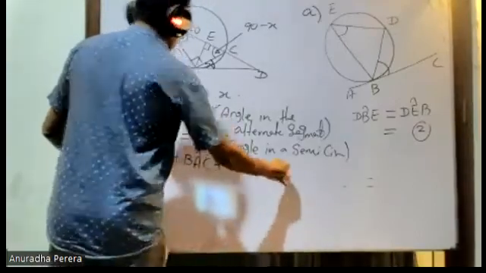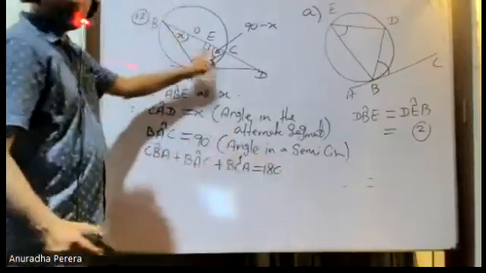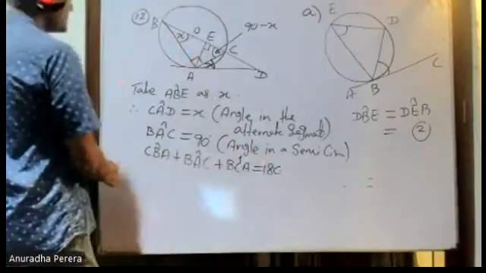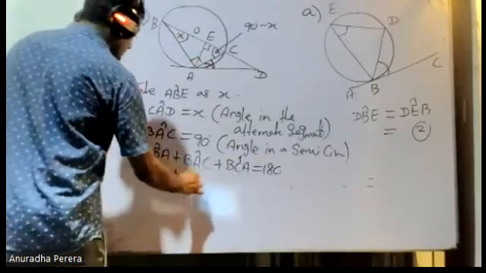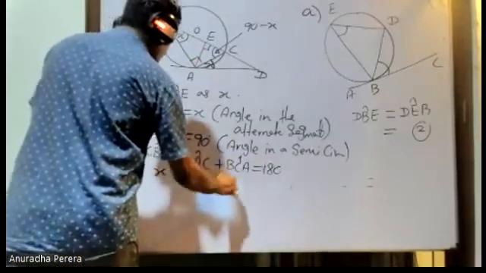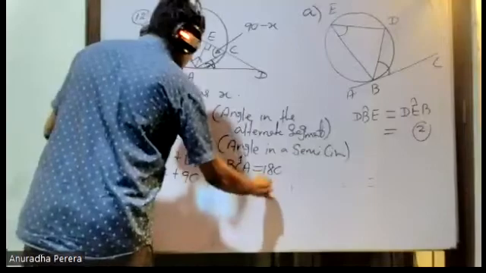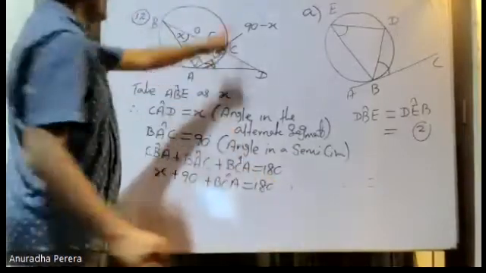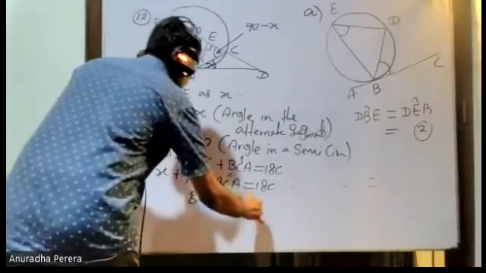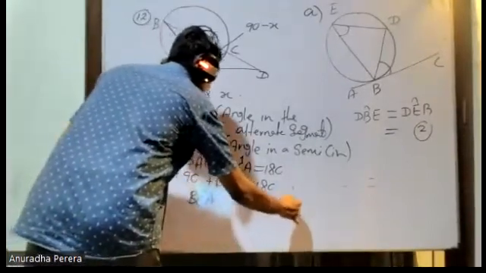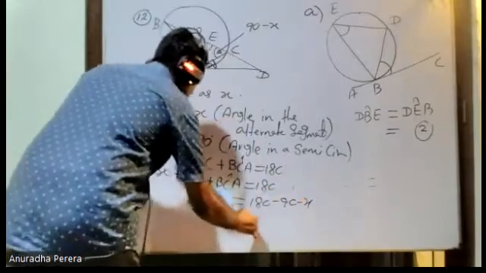Why? Sum of these three is equal to 180. CBA is x plus 90. There is nothing to write here, you can directly take this 90 minus x. Then BCA equals 180 minus 90 minus x, that means 90 minus x.